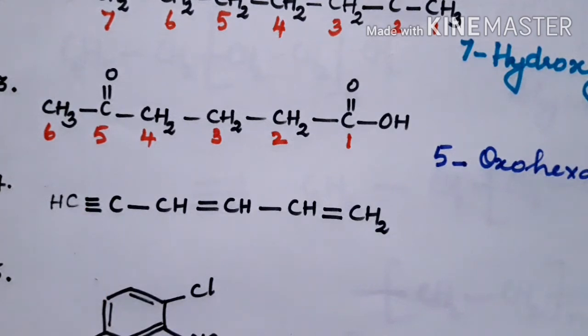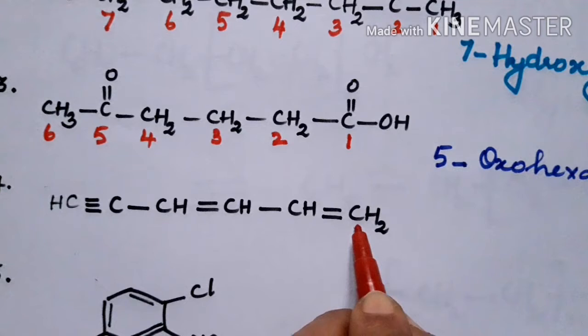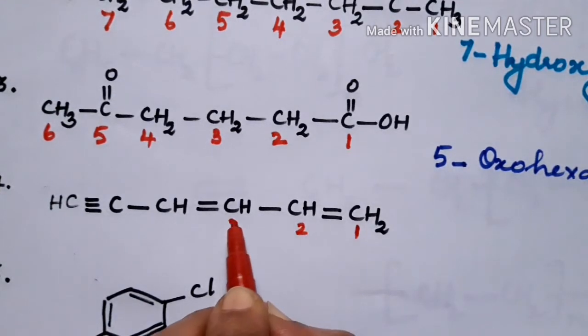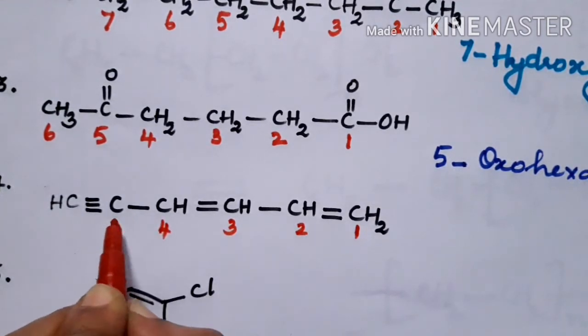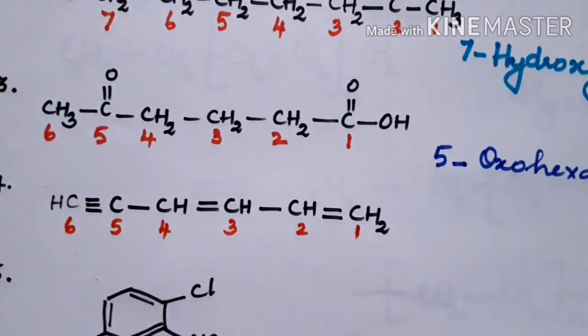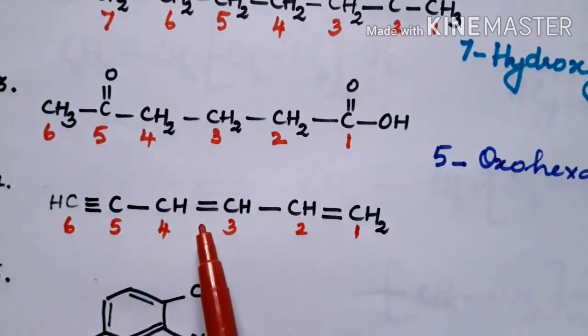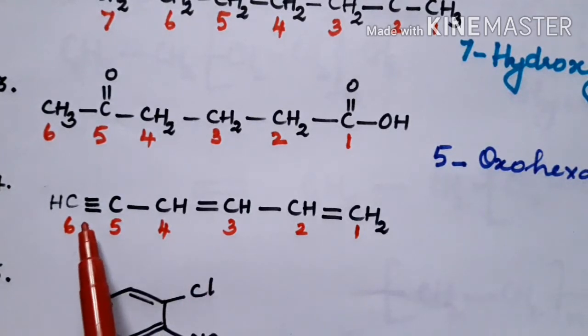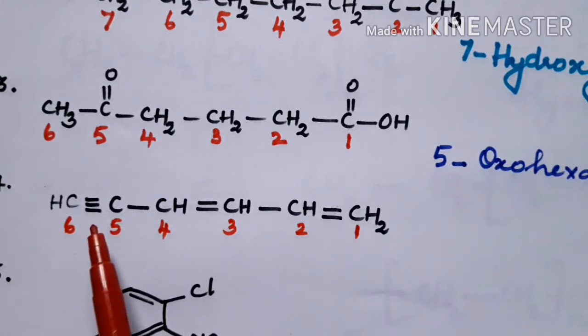So the numbering shall start from right to left. 1, 2, 3, 4, 5, 6. It is a derivative of hexane, but we have double bonds at the first position as well as the third position, and the 5th position is occupied by a triple bond.